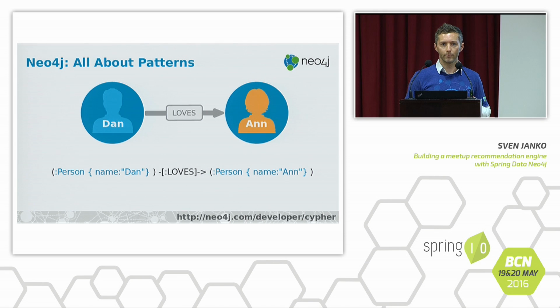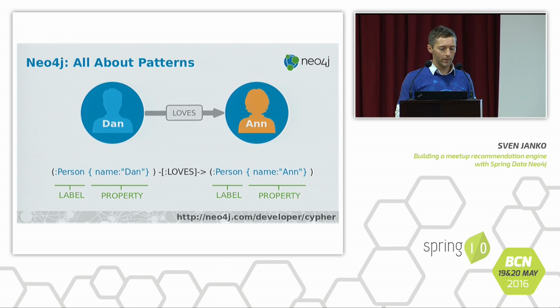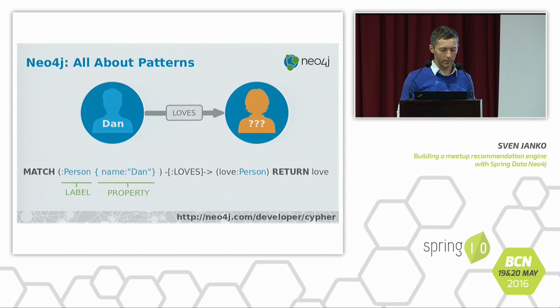Right. Okay. So what if we now want to know something out of our graph database? If we now want to know who Stan is in love with, we would just simply type our same notation here for the node, and the same notation for the relationship.